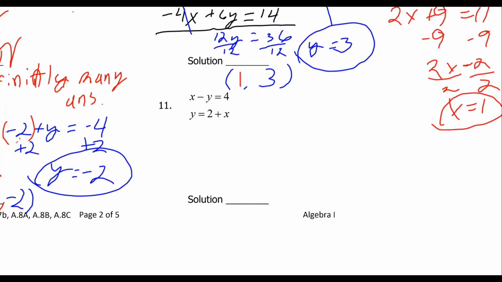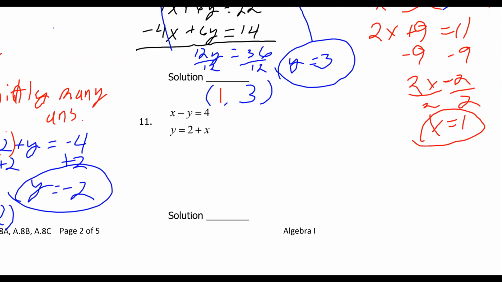Okay, so this last problem, I see y equals. This right here is the single biggest indicator that, hey, you should probably use some substitution. Okay, so we take that, plug it in right there. I'm going to do this part in blue. So we got x minus, okay, 2 plus x equals 4.